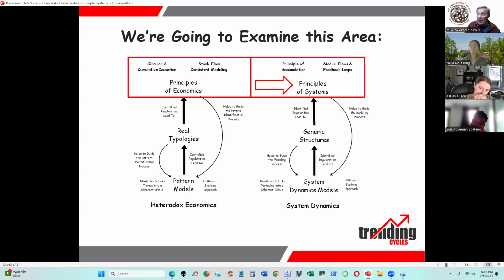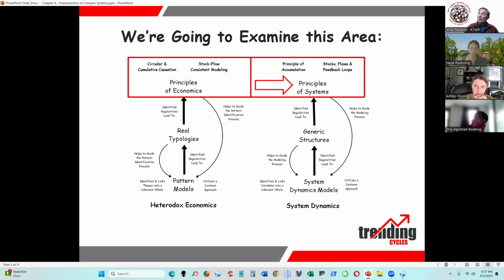The opposite way of doing science is using deductive logic, starting with theory, then deriving testable hypotheses, and then looking at the real world. So theory first, real world second, and that's how orthodox economists do science. And the heterodox economists start with the real world first, identify patterns, and build their way up to principles or theory. So it's Rene Descartes versus David Hume, if you want to talk about the ancient philosophers who figured all this out.